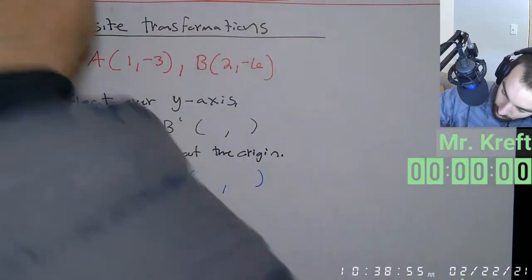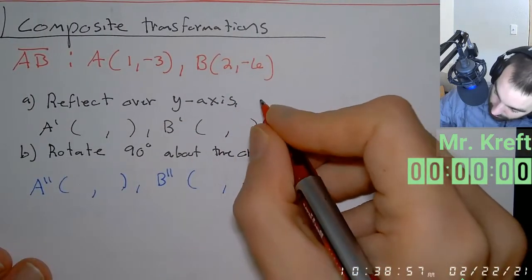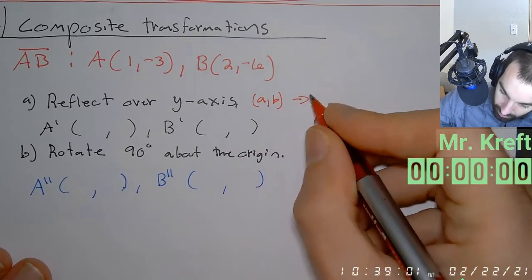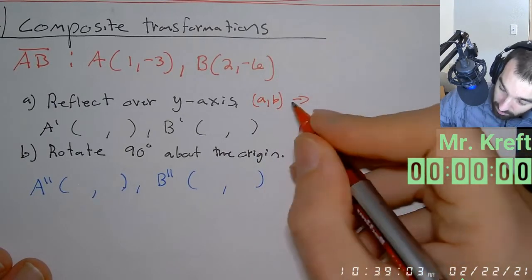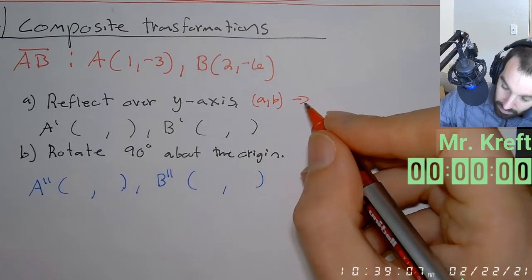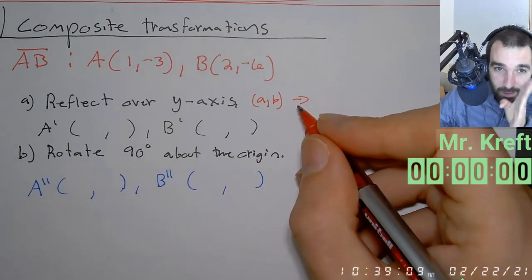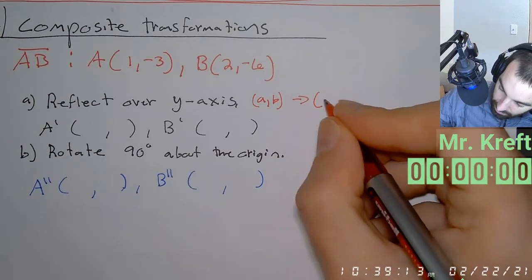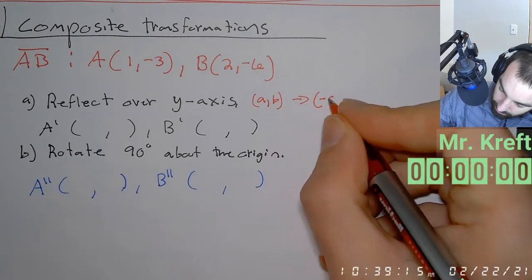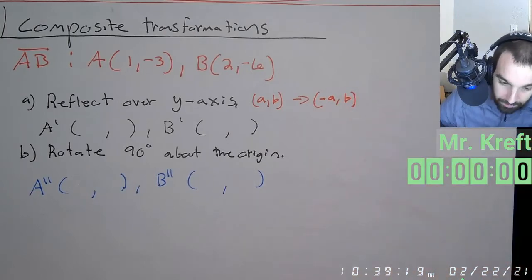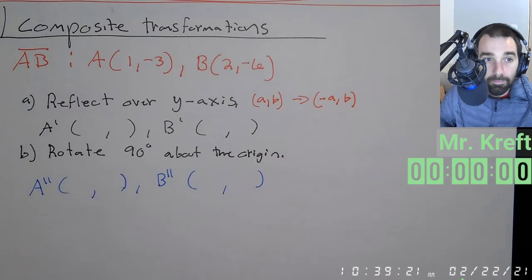If I look that up, reflect over the y-axis is I take every point A, B, and I'm reflecting over the y-axis, so I got to think about that because I don't have this memorized. It's straight up. So that should mean if I'm reflecting over the y-axis that my x is changing and my b is staying the same, like that.